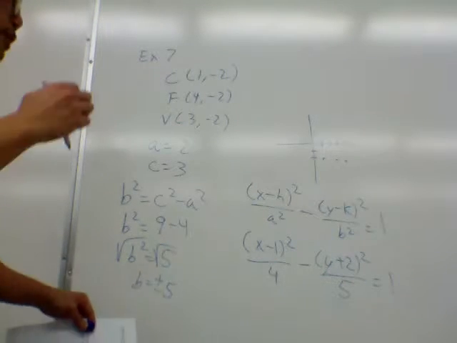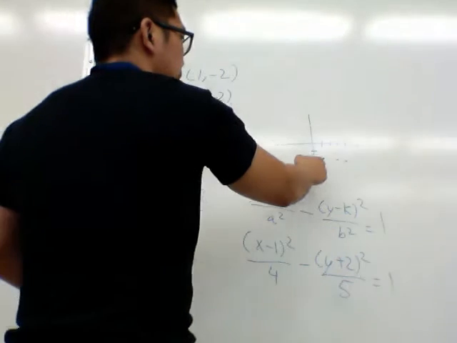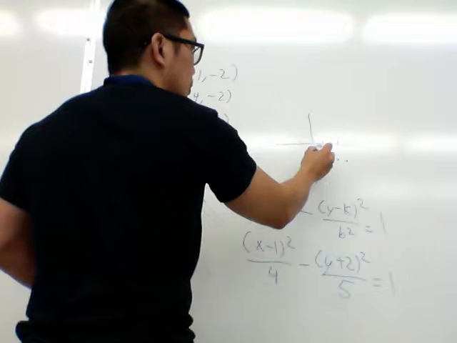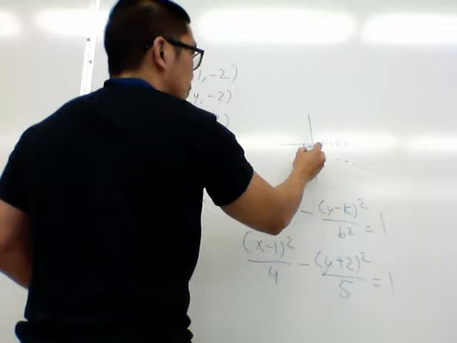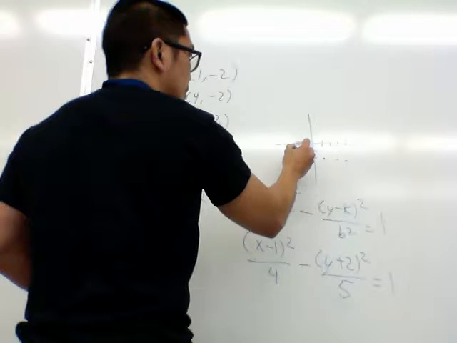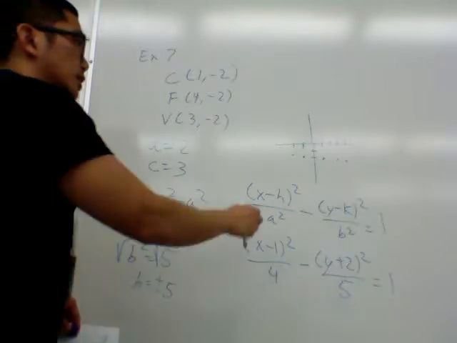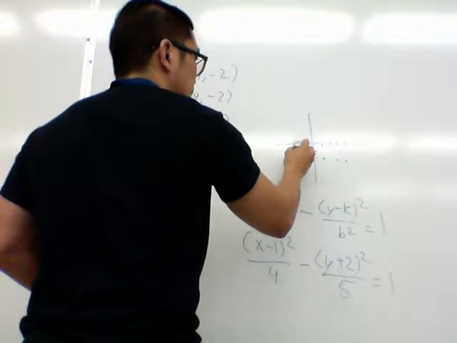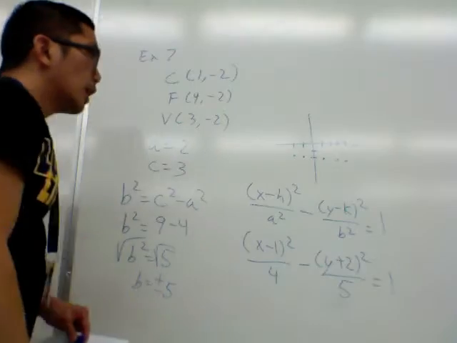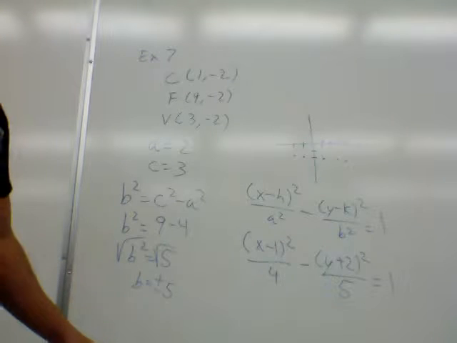If I want to graph this, if this is my center, then I know going this way, I have my other vertex, and over here I have my other focus. Should be right here. Now, my asymptote.